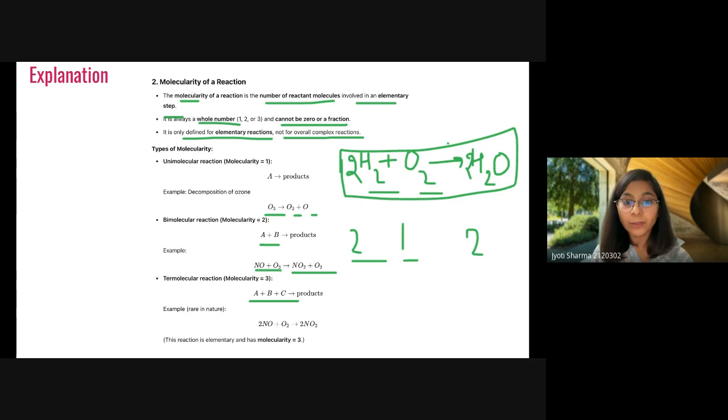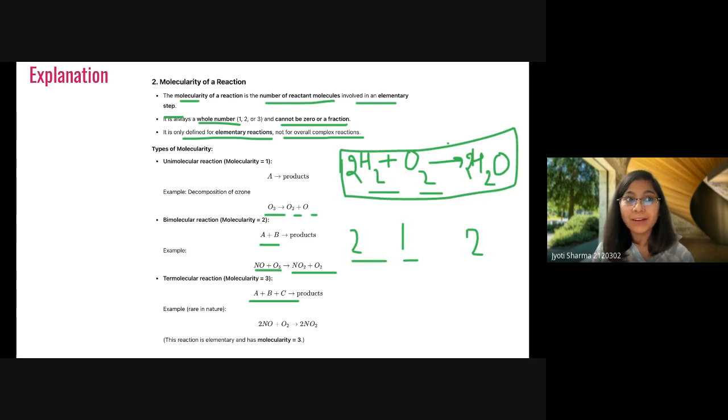Okay, so this is the type of molecularity you can calculate, but just keep in mind, molecularity is not the coefficient of the balanced equation. This is the coefficient in the elementary steps. As we know, one equation may not be completed in one step.